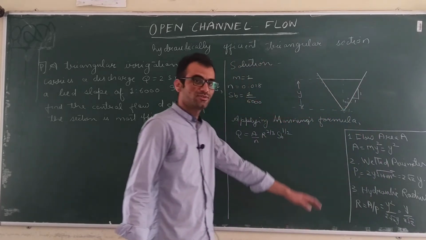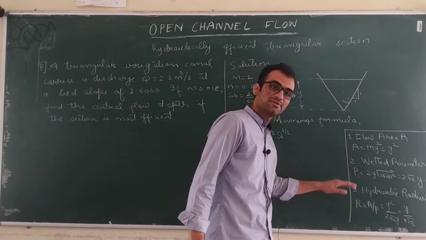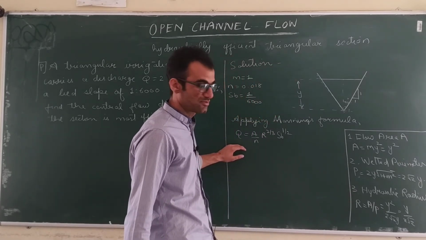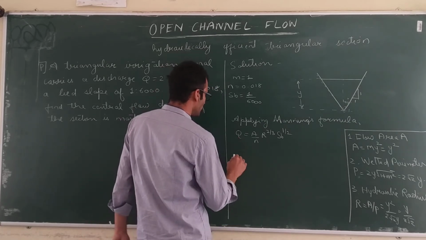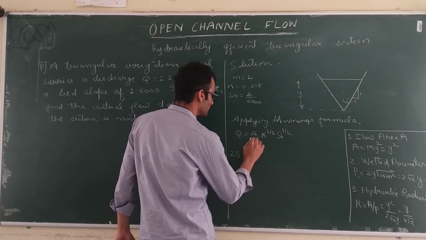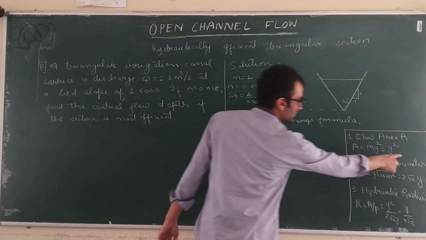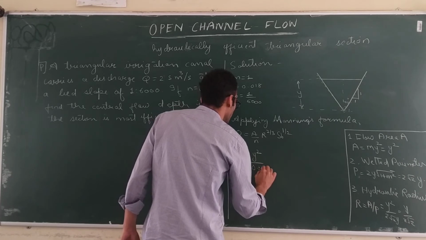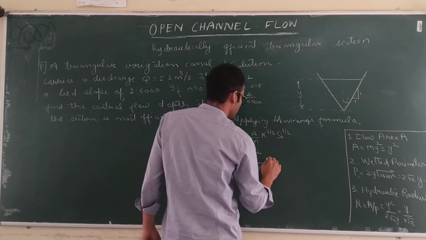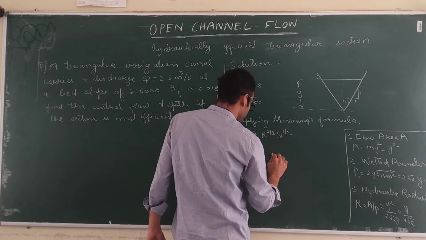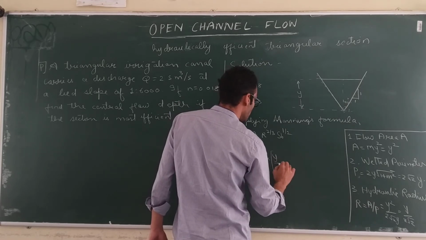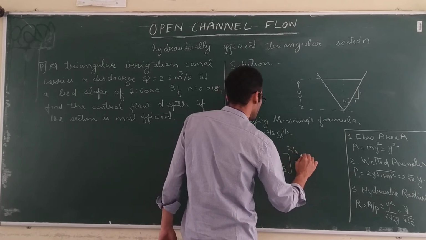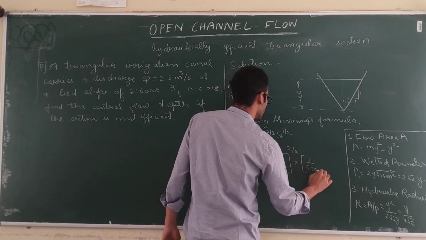Okay, so now we know all the parameters: flow area, wetted perimeter, hydraulic radius. Just put these equations in the uniform flow equation. So let's do that. Q is given, 25 equal to flow area y square upon n, which is 0.018, this is also given. Then hydraulic radius is y upon 2 root 2 raised to 2 by 3, and then S_b is 1 by 6000 raised to half.